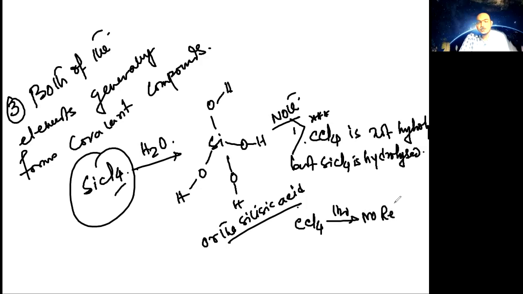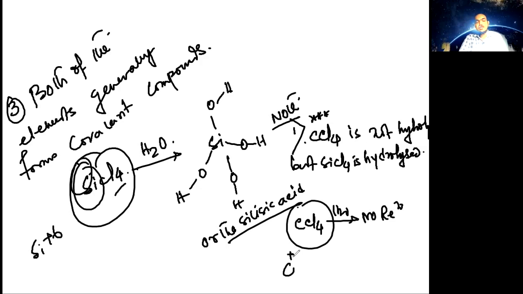This is because carbon does not have any vacant d orbital, but silicon has vacant d orbitals. So silicon can extend its valency to +6, and carbon cannot extend its valency greater than +4. So it is an addition elimination reaction. First the water addition takes place, then the elimination of Cl occurs. So this is the third difference.